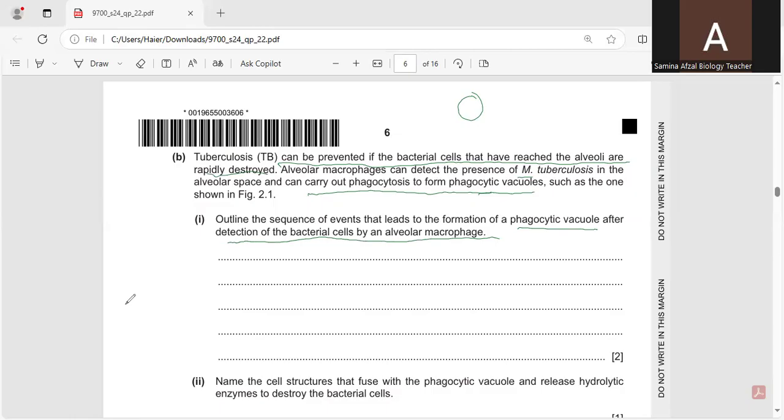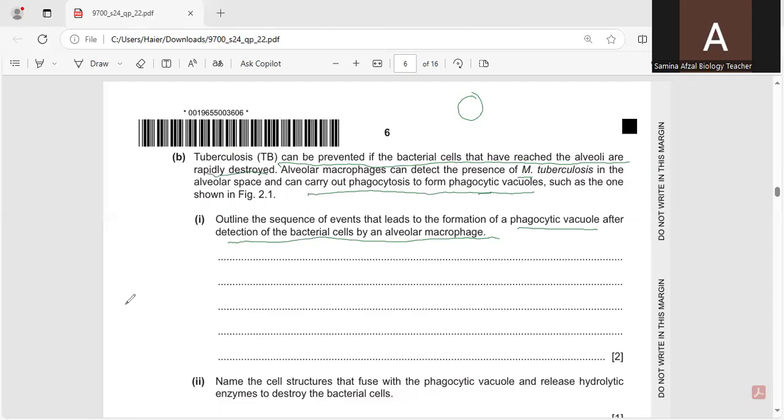During the formation of a phagocytic vacuole, the process of endocytosis takes place. And what is endocytosis? In endocytosis, the macrophage cell surface surrounds the bacterial cells, and the two sides of the cell membrane join together, forming the phagocytic vacuole.